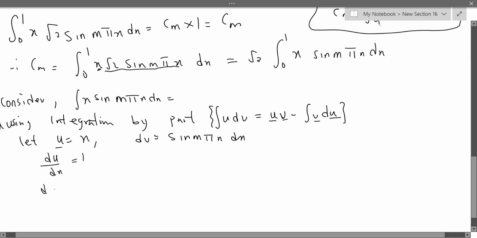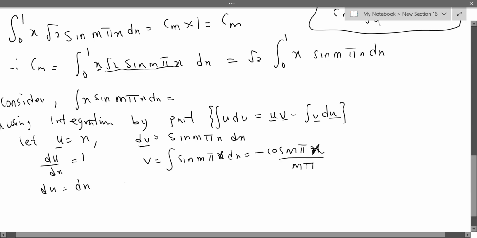If you cross multiply, du is equal to dx. To get v, you integrate both sides, so you have sine m pi x dx. The integral of this gives you minus cos m pi x over m pi.